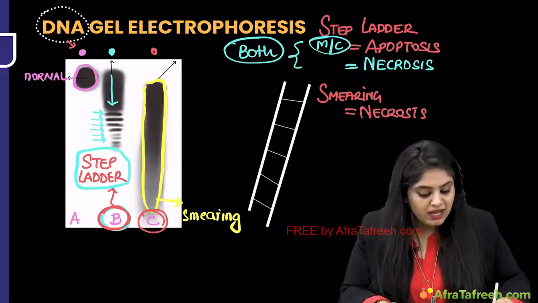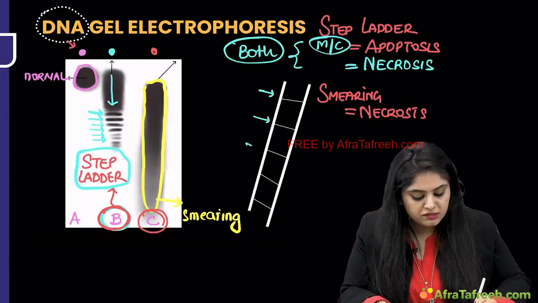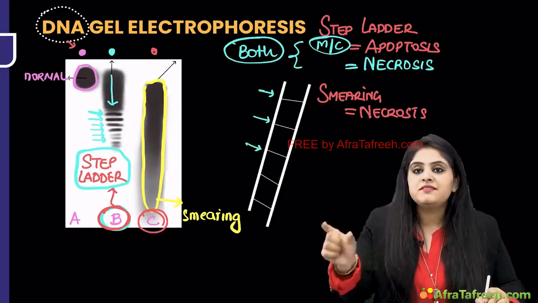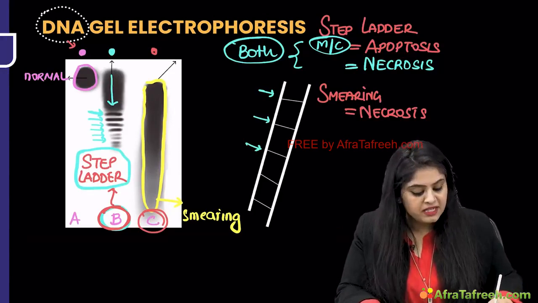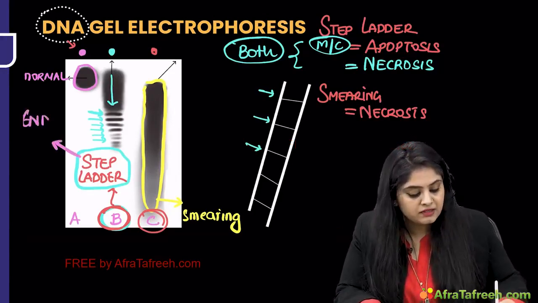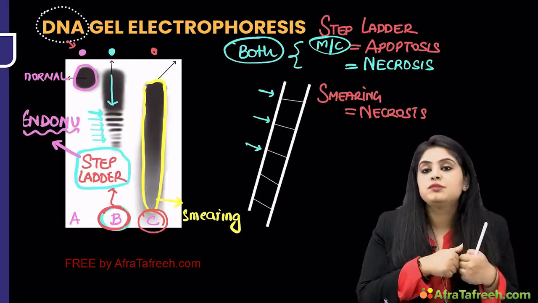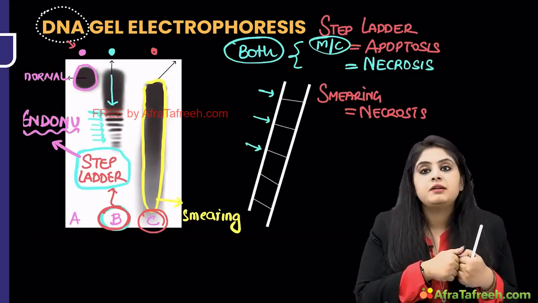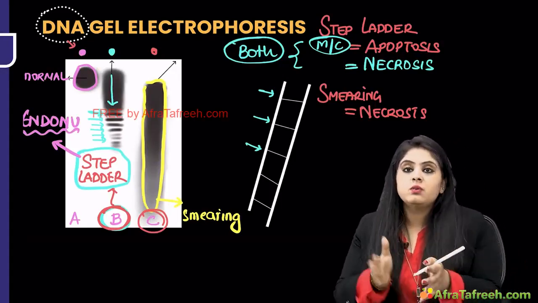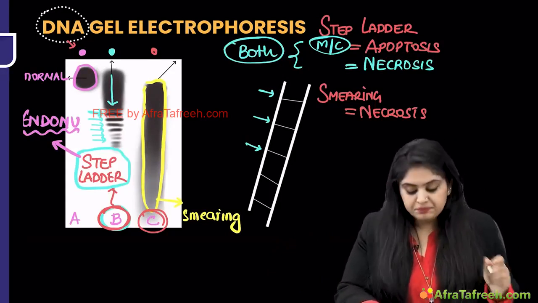These small steps that you're seeing are 180 base pairs. So the enzyme causing the step ladder pattern is the endonuclease enzyme. Everyone remembers? Endonuclease enzyme is responsible for the step ladder pattern. Repeating, 180 cut, 180 cut, 180 cut. Yes? Okay, all said and done.